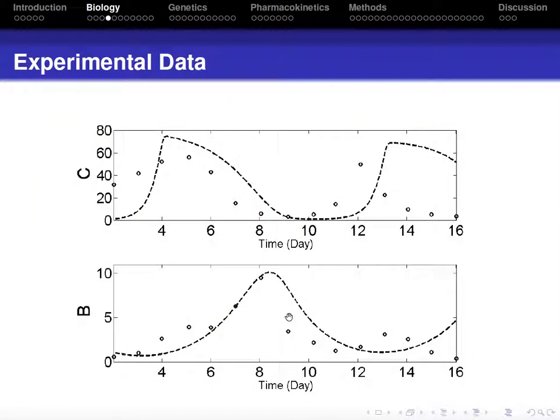And also, more importantly, here the circles represent the observed concentrations of the algae and the rotifers. Okay, and the dashed lines are the solution of the ODEs.